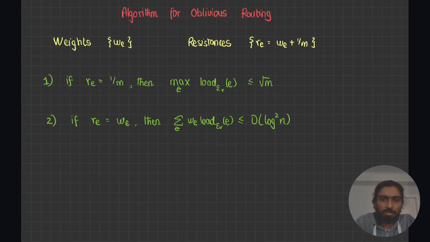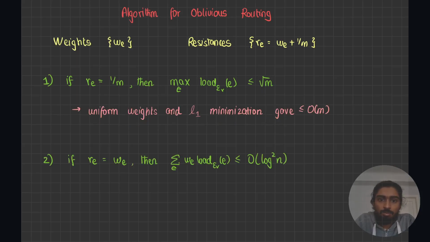Let me expand on this a little bit. So these are the resistances we have, WE plus 1 by M. First, I claim that if I just set my resistance to 1 by M, then the maximum load is at most root M. Why? Because if we set uniform weights on a spanning tree and do L1 minimization, we got a bound of M. Now we're doing L2, so you would expect root M, which is what you get indeed.